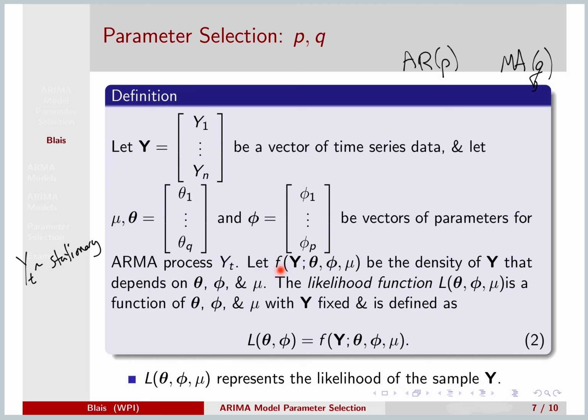We let f of y, given the parameters, be the density of y. So by definition, that depends on those parameters. The likelihood function, we flip the perspective. So the likelihood function is a function of the parameters of the model.